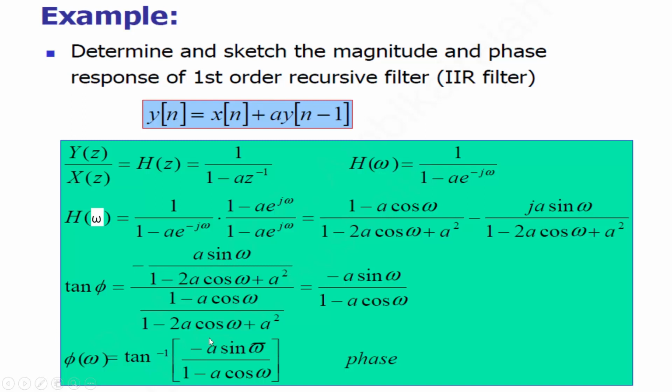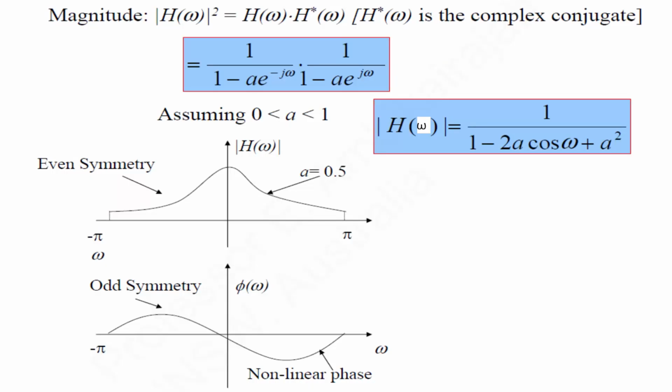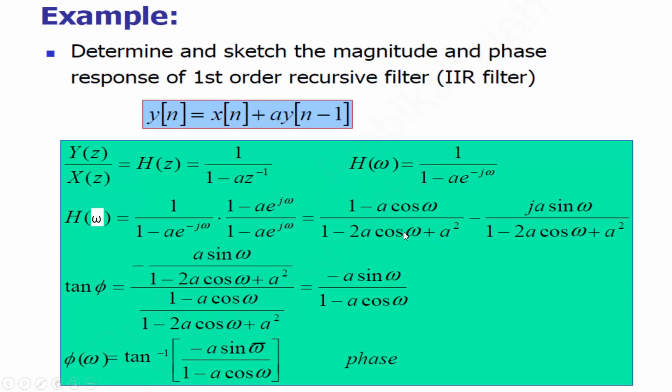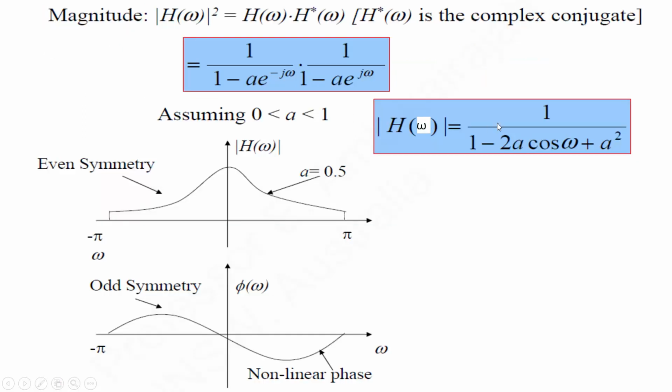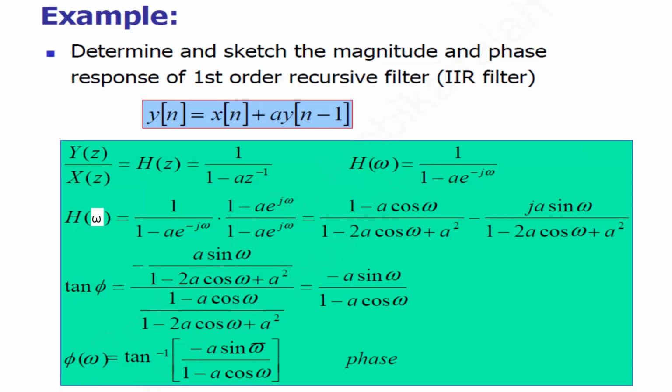Once you get tan inverse, you will get the phase value as minus a sine omega over 1 minus a cos omega. Now let's try to plot this. This is the magnitude part, so we can plot this magnitude part here. I have given the value here: 1 over 1 minus 2a cos omega plus a square.